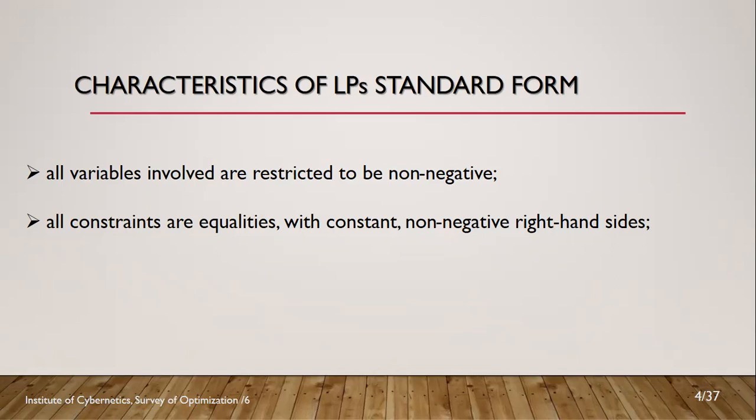The simplex method works only with LPs in the standard form, allowing only equality constraints along with non-negativity of all the variables. Why? Because equalities are much easier to deal with than inequalities. So by putting an LP in the standard form, we reduce it to a problem where we only have the equality constraints, or equations, and the non-negativity constraints.